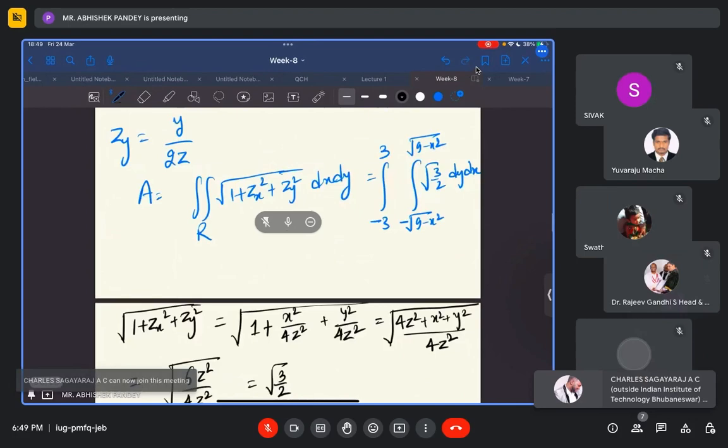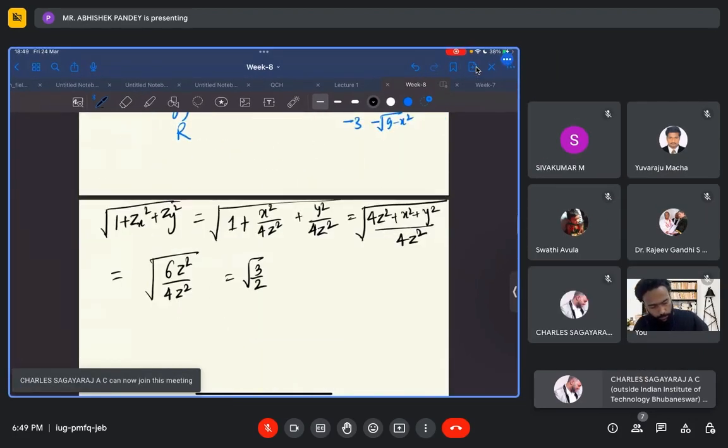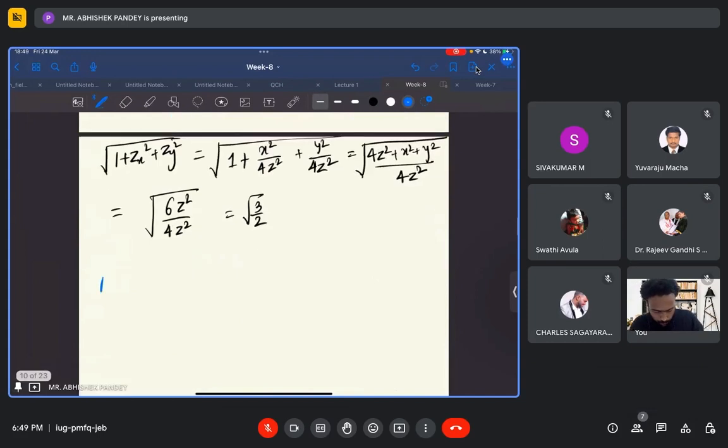Okay, so from here we are getting, and this area is, as I have already written, x from minus 3 to 3.